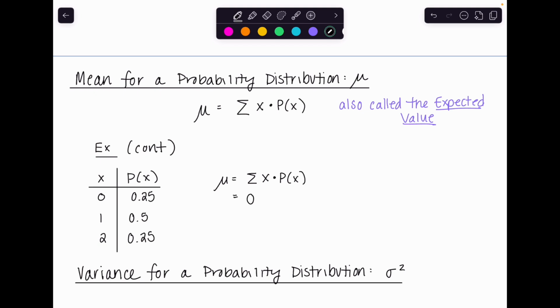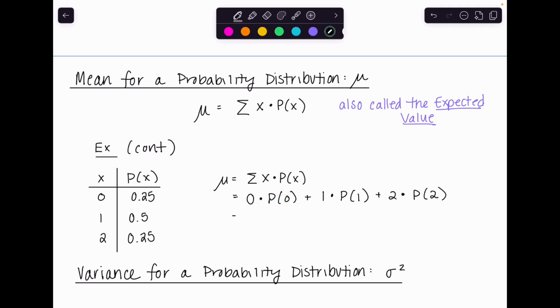So that means I take my first value for x, 0, and I times it by its probability. My next value for x is 1, times it by its probability. And then my final value for x is 2, and we multiply it by its probability. Now really in this first one, I don't need to do anything because 0 times anything is 0.